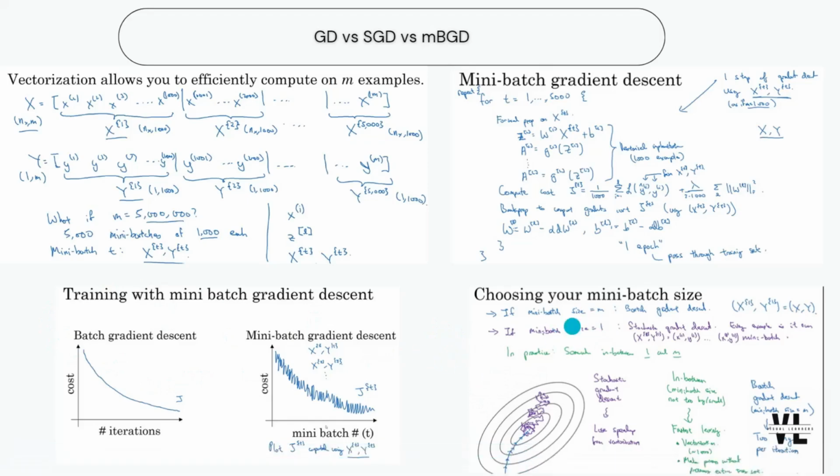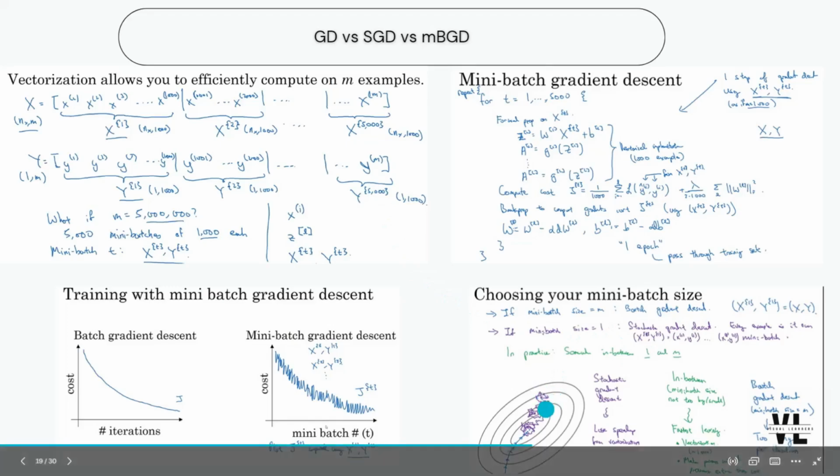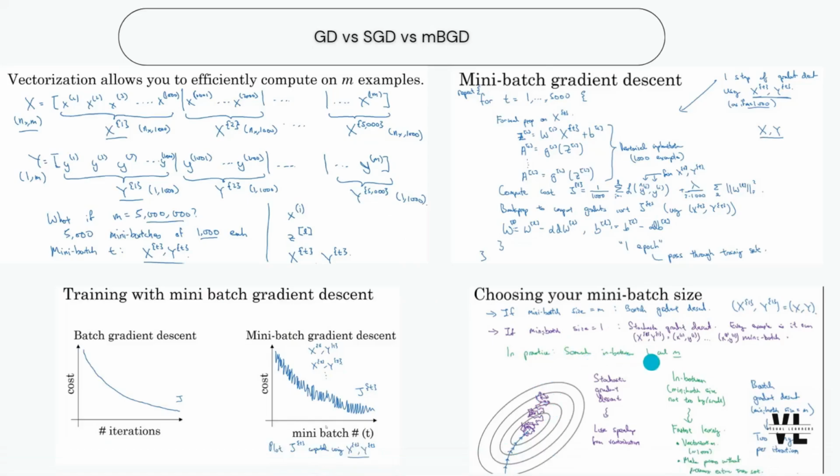If we consider the other extreme and consider the mini batch size to be 1, so we are considering each instance when computing the gradients, that is going to be stochastic gradient descent, and it's going to have a lot of noise. In practice, when we select the mini batch size, it has to be between the two extremes, which is between 1 and m.